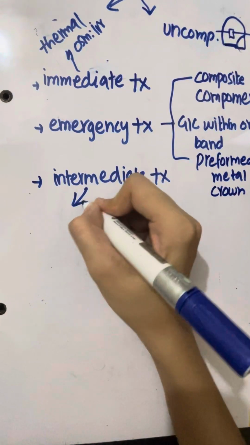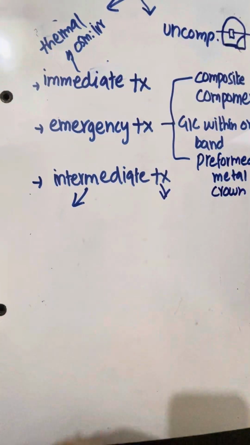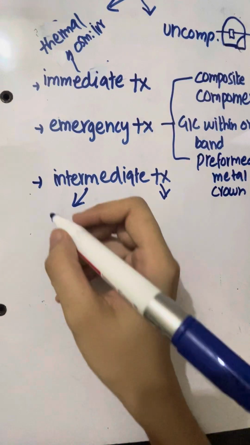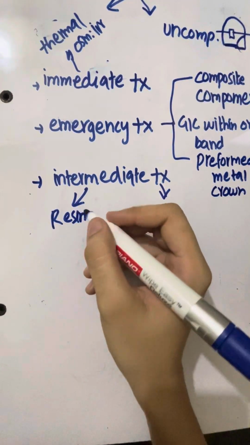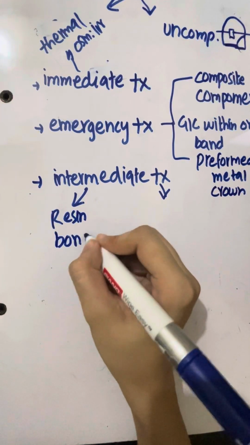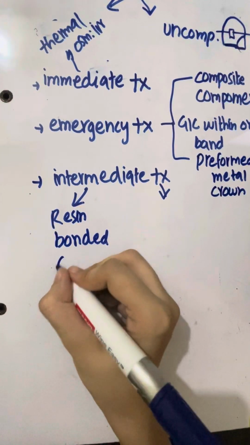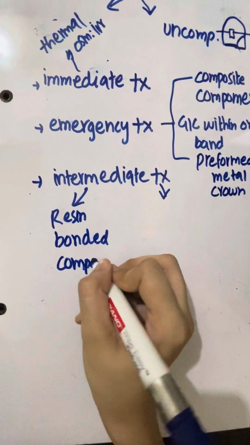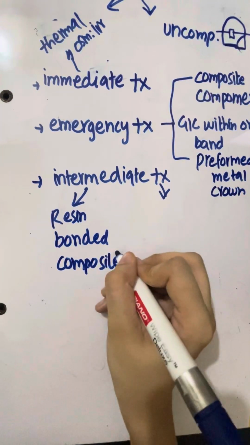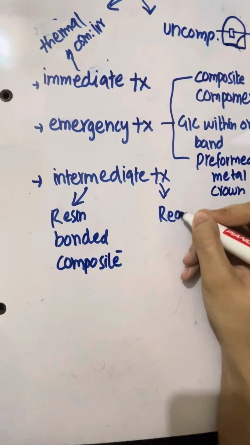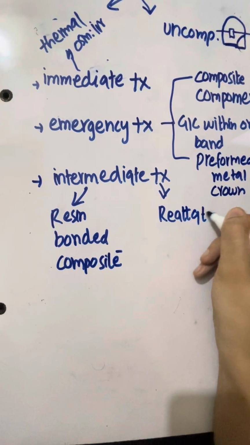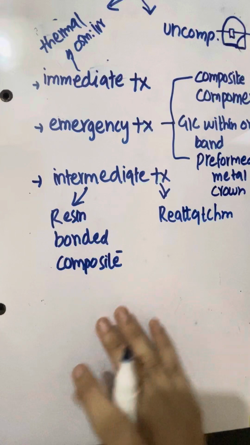Intermediate treatment is further divided into two options. The first is the resin bonded composite, and the second is reattachment.